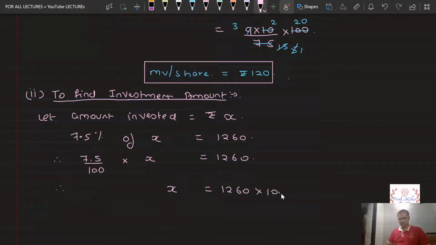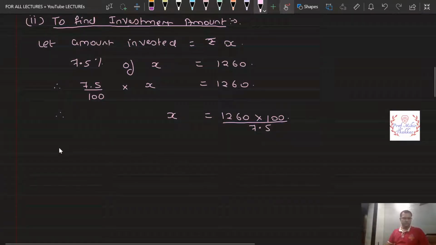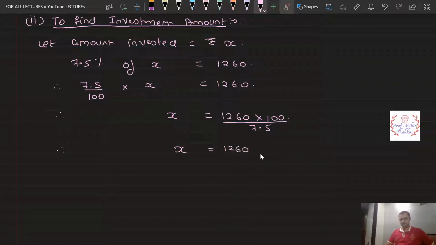1260 into 100 upon 7.5. Therefore X is equal to 1260 multiplied by 10 multiplied by 100 and divided by 75.